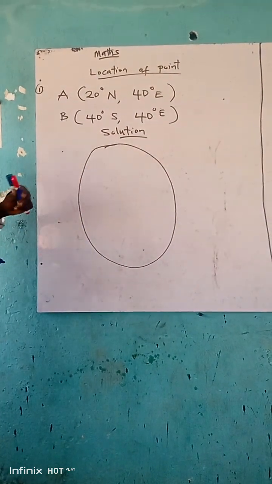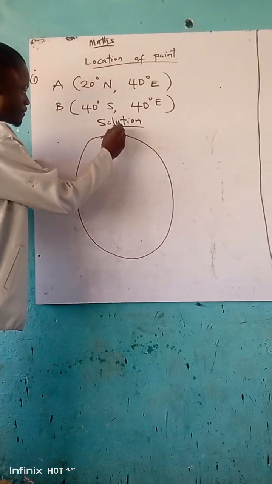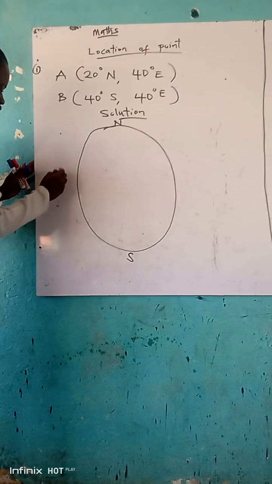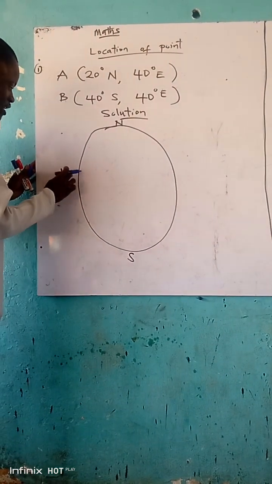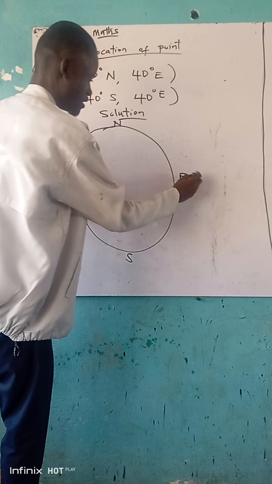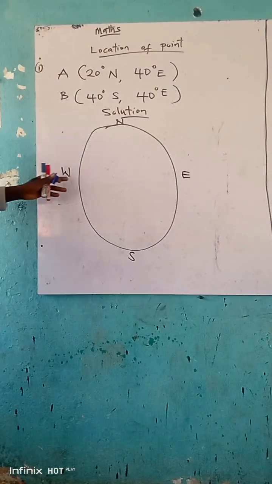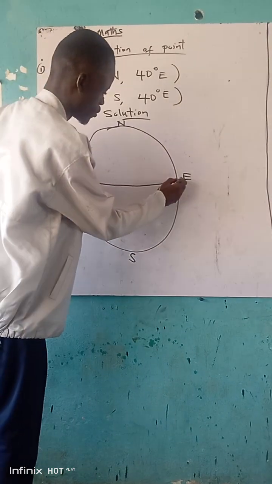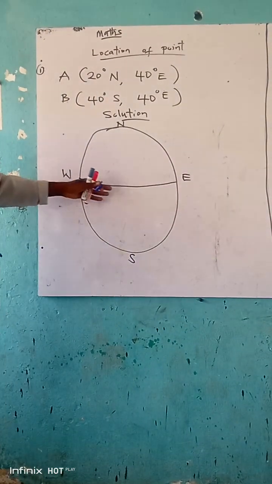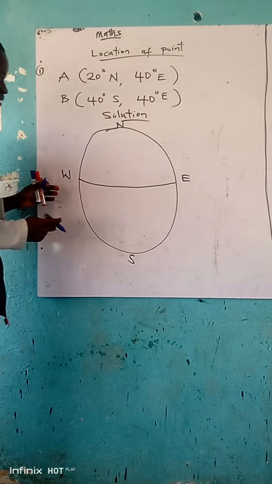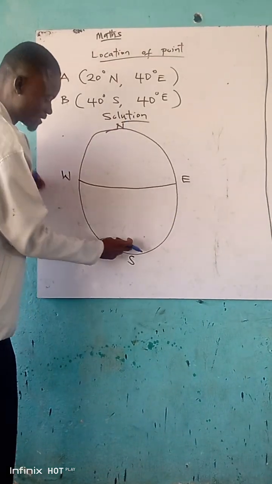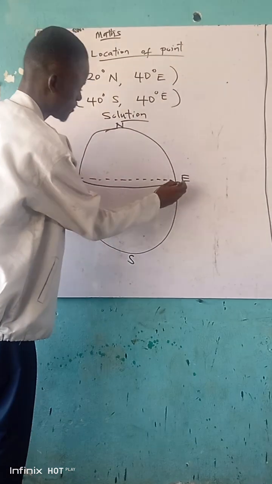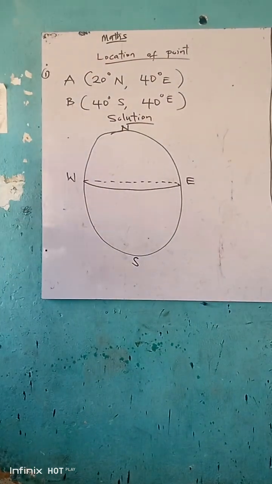So if this is the globe, we will have up here to be north, down here to be south, here to be west, and here to be east. Running from west to east is our equator, which divides the globe into 2 equal parts, that is into the north and south. From our last class, we should be able to remember this.